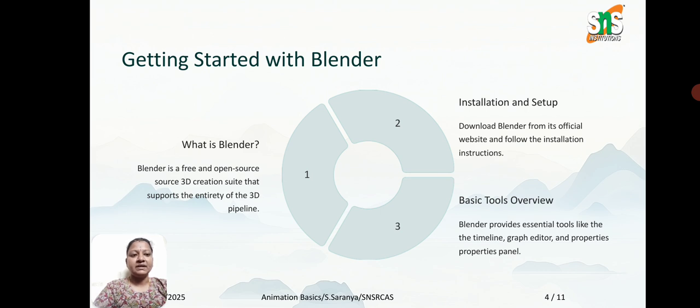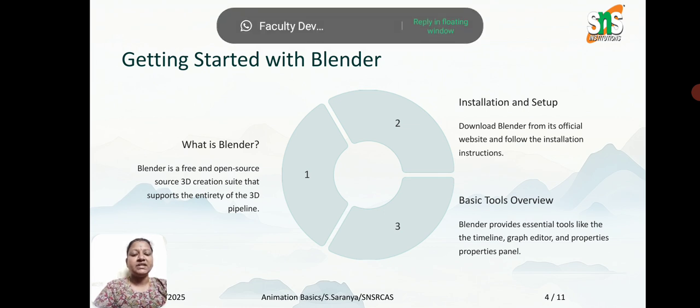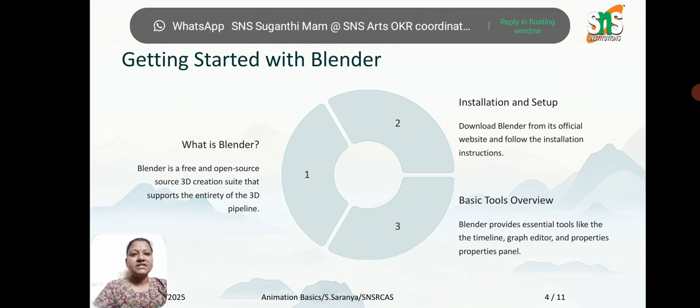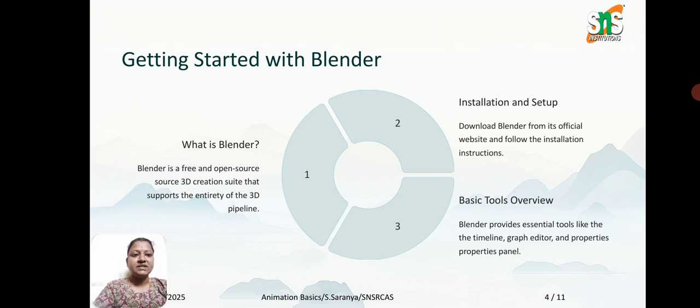Next is the graph editor. The graph editor is used to move the image in a grid line view. According to that, we can use the X, Y and Z axes. The next is the properties panel, which includes all the properties: horizontal and vertical movement, scaling, rotation and transformation, everything is displayed in the properties panel. We can use it with layers also.